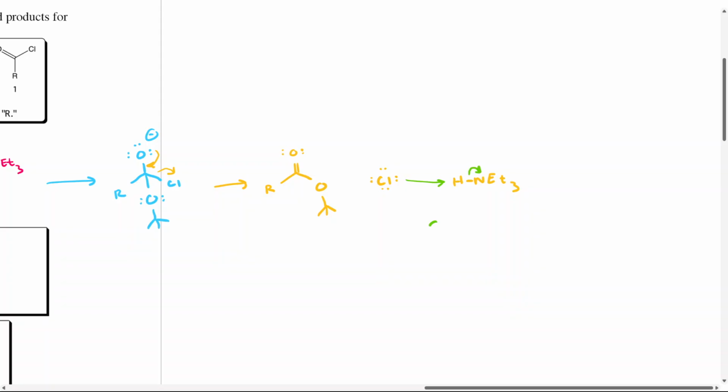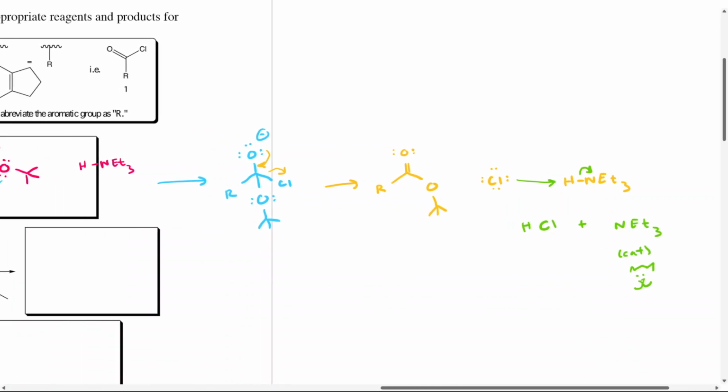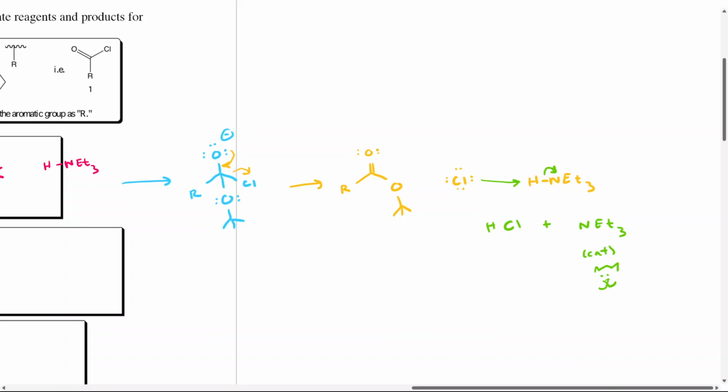So you have HCl plus Et3N if it's a catalyst, because catalysts are consumed and then regenerated in the reaction. But the only thing that you really have to draw is this molecule.